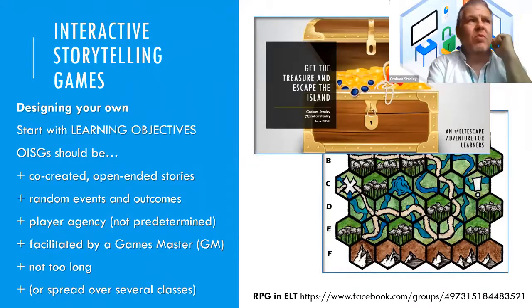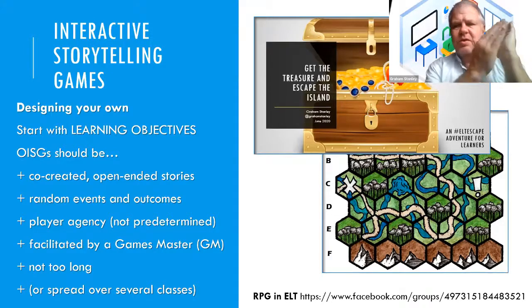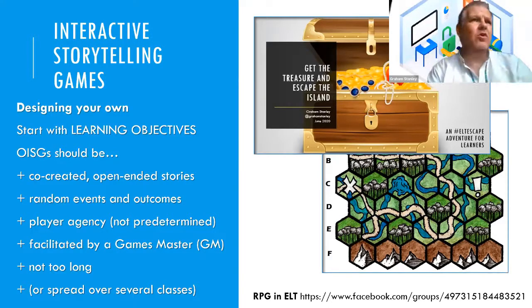I think it's important to have that kind of random events and outcomes that you're presenting to them. A game is not just walking through the steps of something where you know where it will end up. And then there's player agency, not predetermined. Bringing ideas from the students is really good.